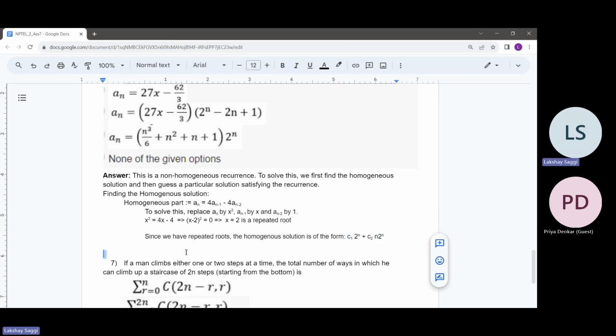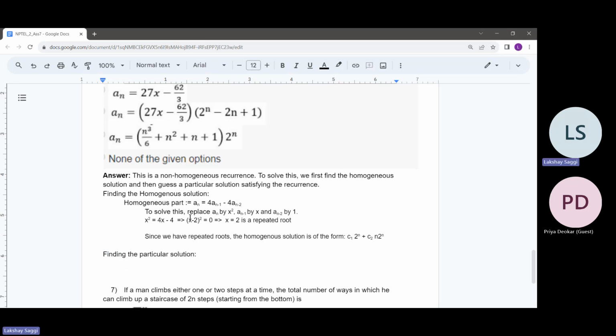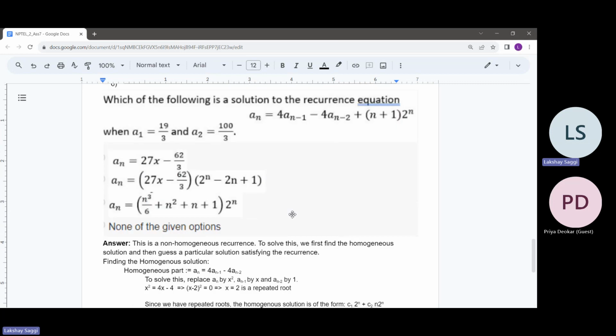And now we sort of need to guess the particular solution. So while finding the particular solution, there was also a set of rules which were given in the lecture.